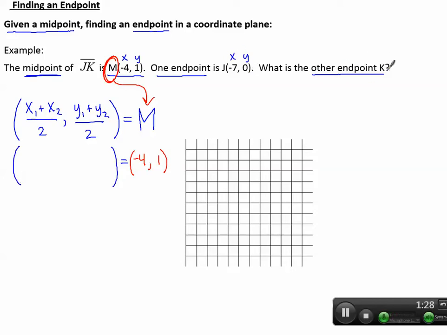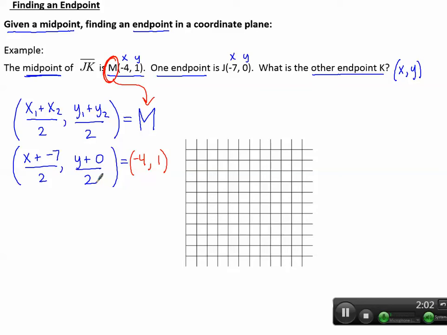The other endpoint, K, right now, we don't know what it is, but I'm going to label the spaces x and y, because I know x goes first and y goes last. I'm going to plug in to here. One of the x's, I don't know what it is, but the other x, I do know what it is, -7 divided by 2. 0 is my other y value, and this y value I don't know, so y plus 0 divided by 2.